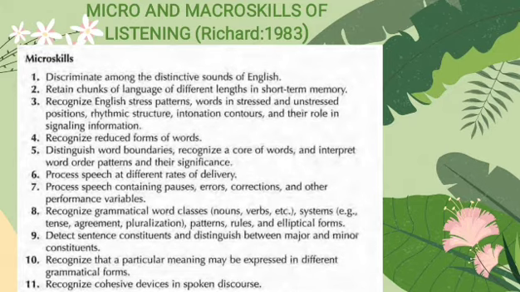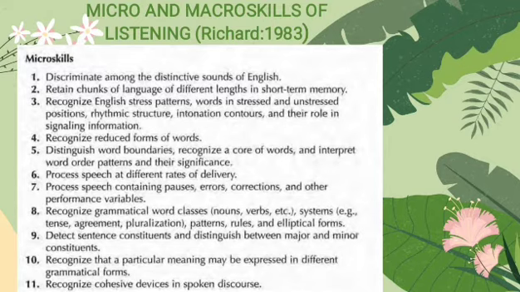And the seventh, process speech containing pauses, errors, corrections, and other performance variables. And next, recognize grammatical word classes, systems, patterns, rules, and elliptical forms. And detect sentence constituents and distinguish between major and minor constituents.